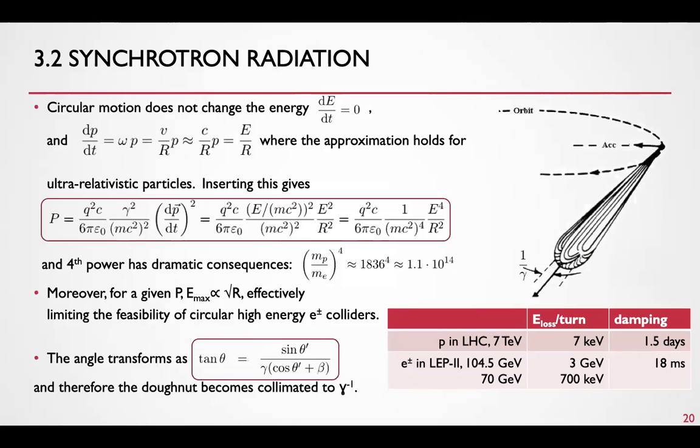So the electrons in the LEP collider were a brightly glowing ring because of the synchrotron radiation. The protons in the LHC, although the energy is 70 times higher, are barely visible because the radiation is practically zero.